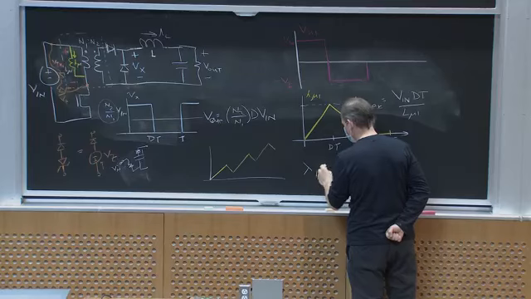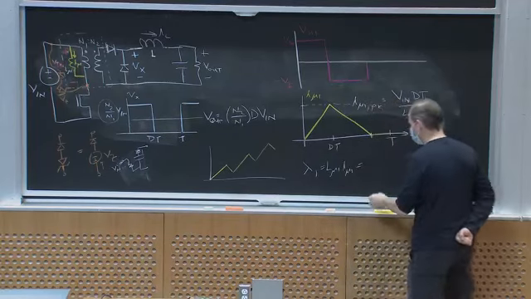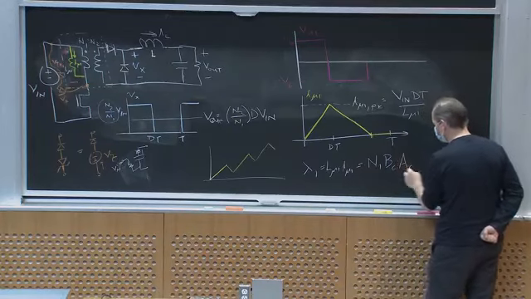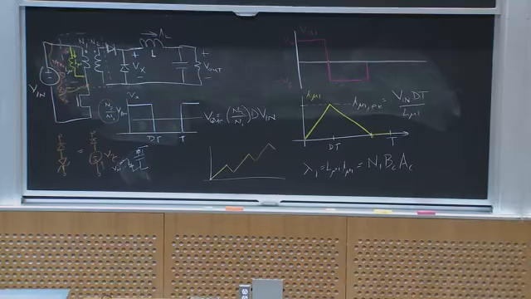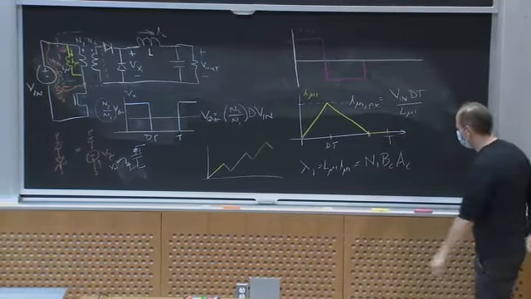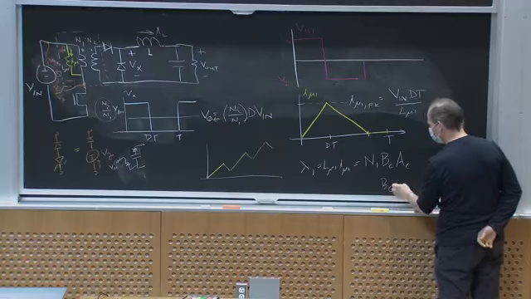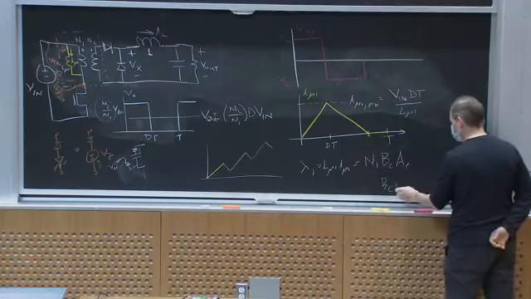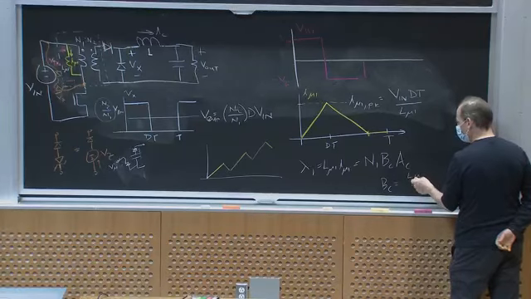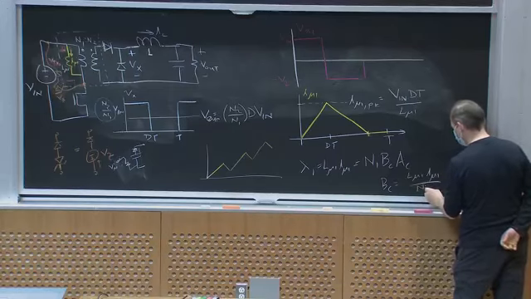Lambda 1 is equal to L mu1 I mu1, which is equal to N1 B in the core times the cross-sectional core area. Lambda is Li, and it's also N B Ac. So we can calculate the peak core flux, Bc, as L mu1 I mu1 over N1 Ac.